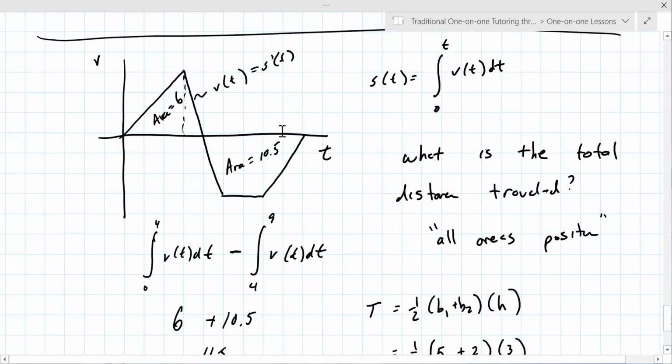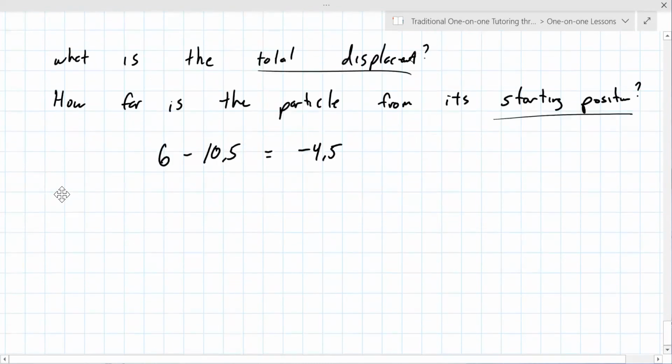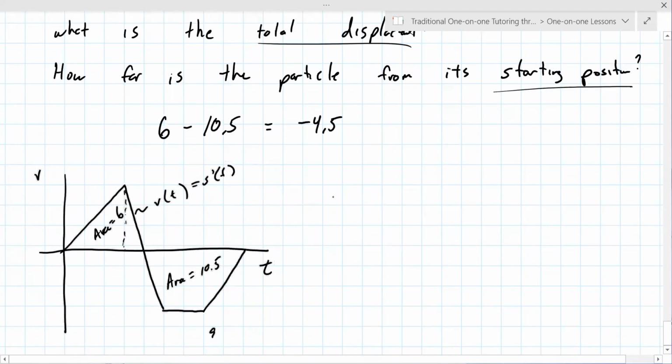All right. Let me grab this graph again, because that's what we're looking at. We ask things about the acceleration. Okay, we could say, when is the particle not moving?